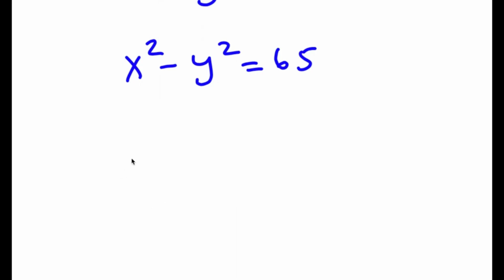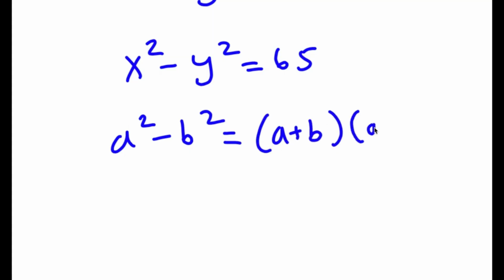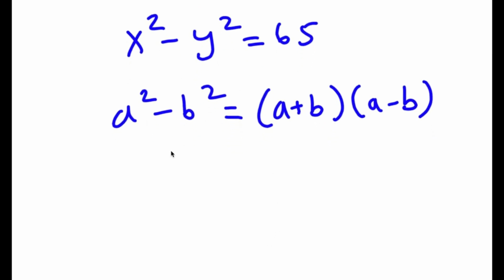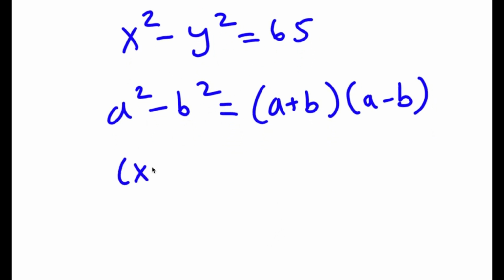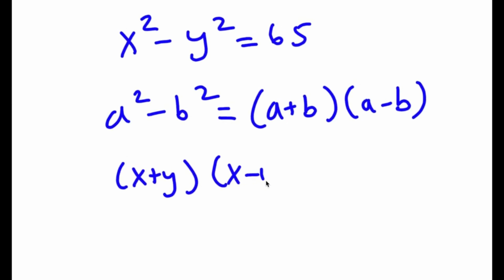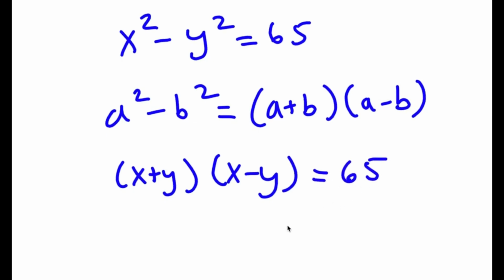Now, if I have something in the form a squared minus b squared, this is equal to a plus b times a minus b. This is a very important property of algebra. So x squared minus y squared is equal to x plus y times x minus y, which is equal to 65.